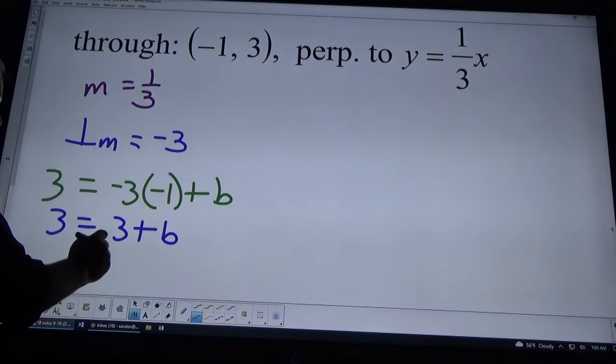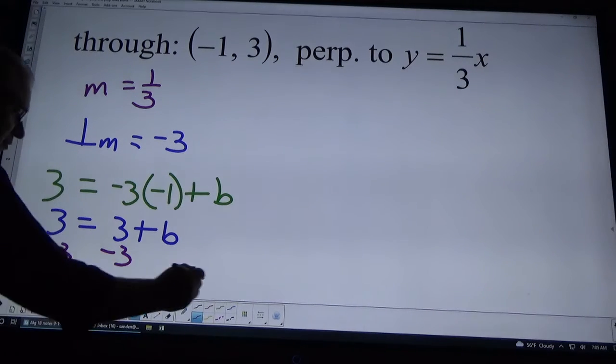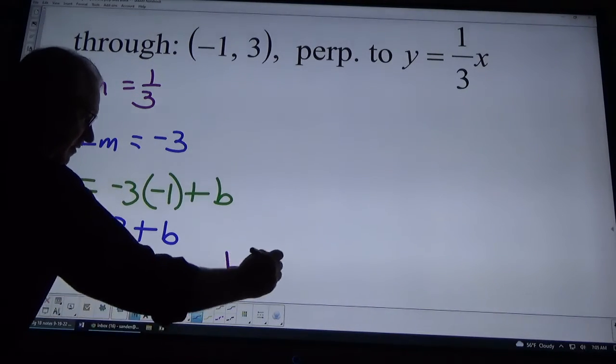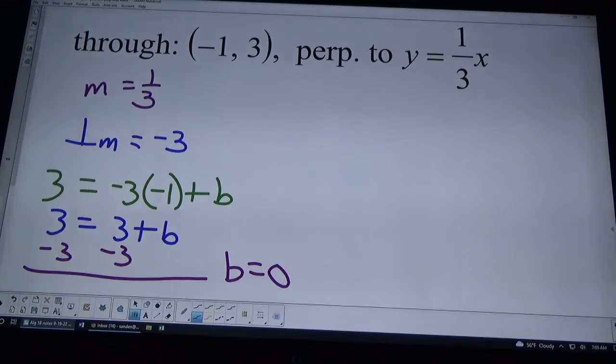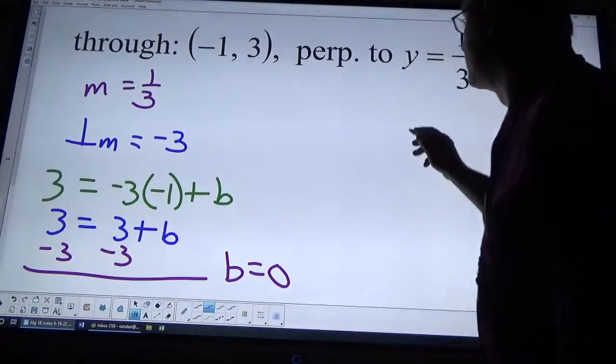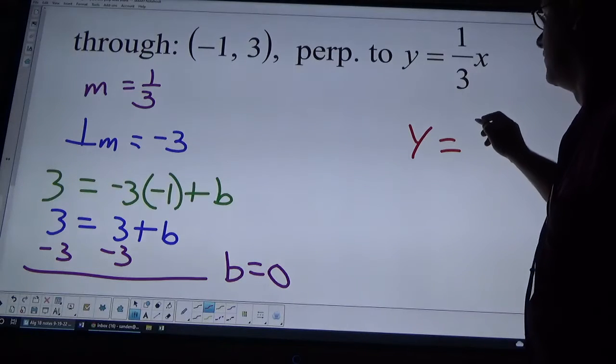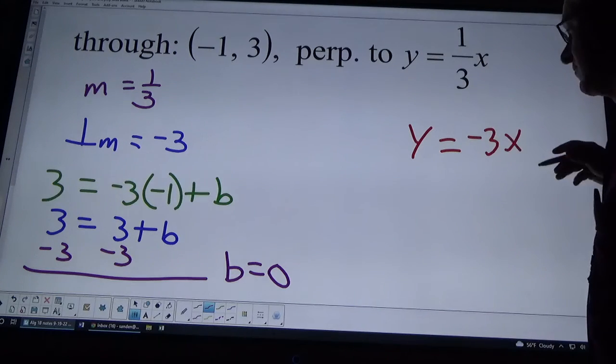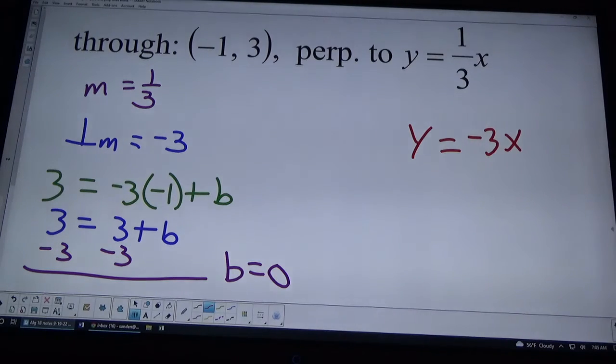Hey, this happened again. Subtract 3 from both sides. b is 0. So our equation is y equals negative 3x plus 0 if you want.